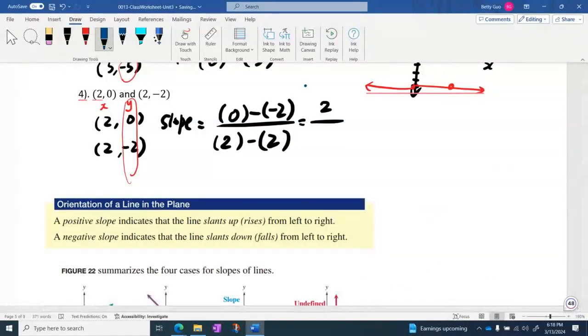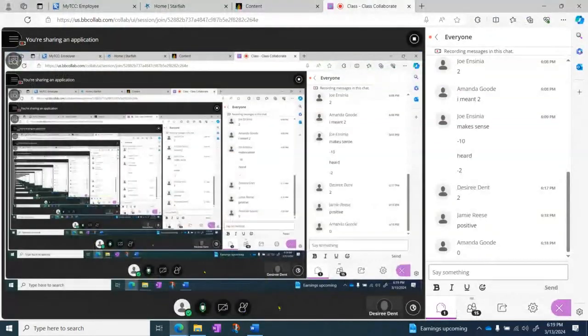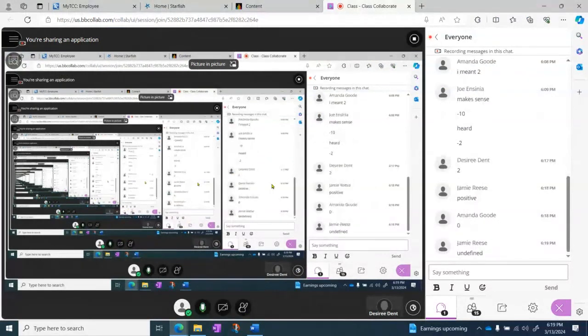Question here. What is 2 divided by 0? It's actually not 0. If you use your calculator, you can try. Yeah, undefined. Thank you, Jamie. If you use your calculator to divide 2 by 0, it will tell you error.